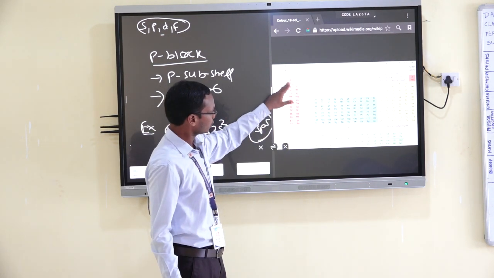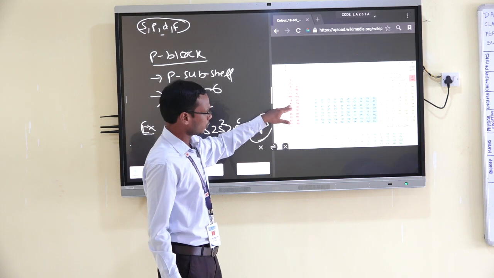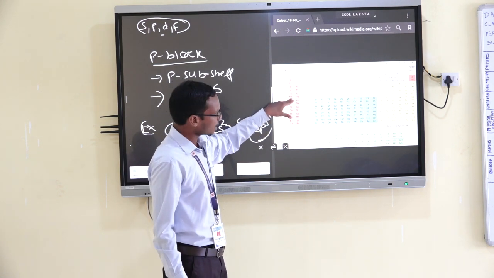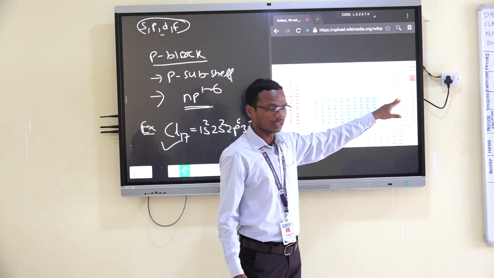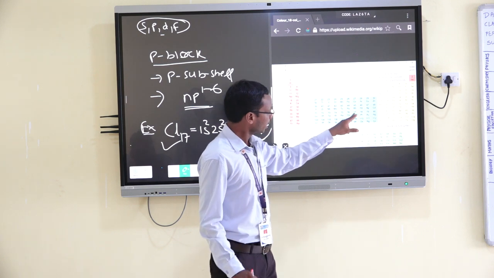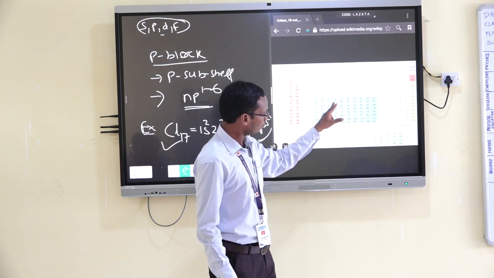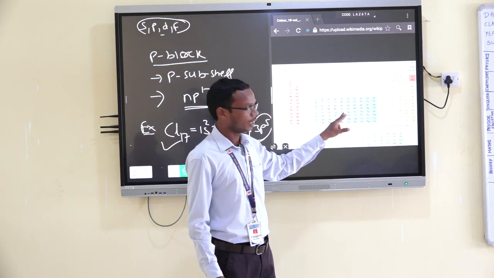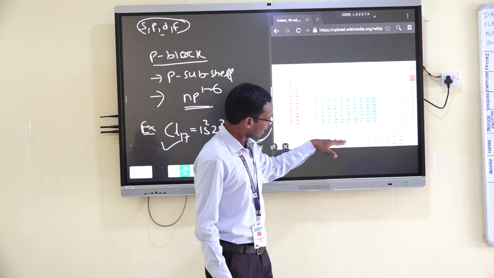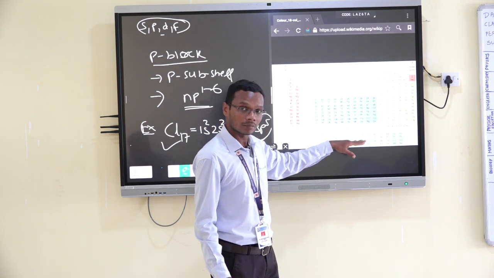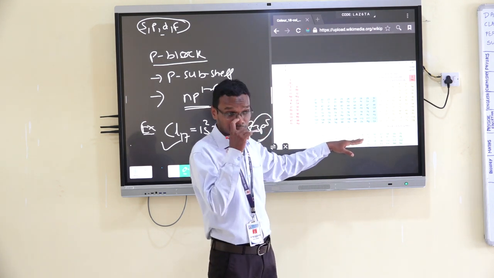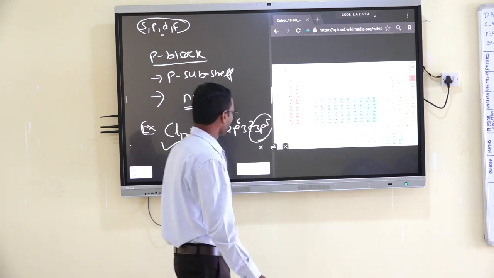Which color is this? Suppose red, this is S block. Yellow one is P block. This blue one is D block, and the last two rows below are F block.